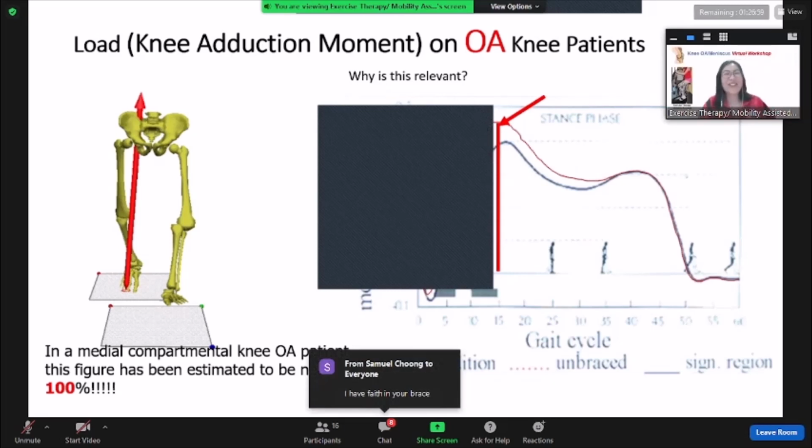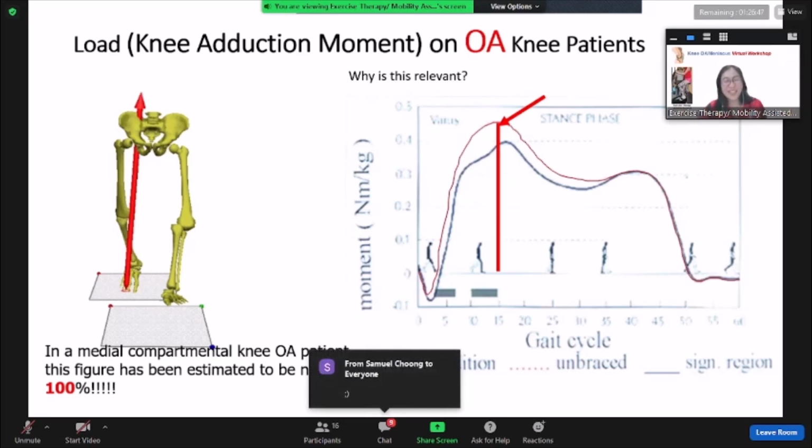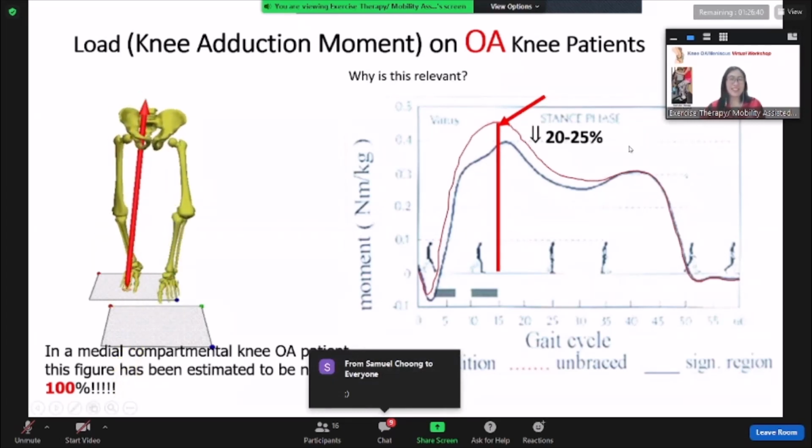Thank you very much. I wish our brace was able to reduce up to 80%, but actually it's 20 to 25% reduction. But that's a lot already.